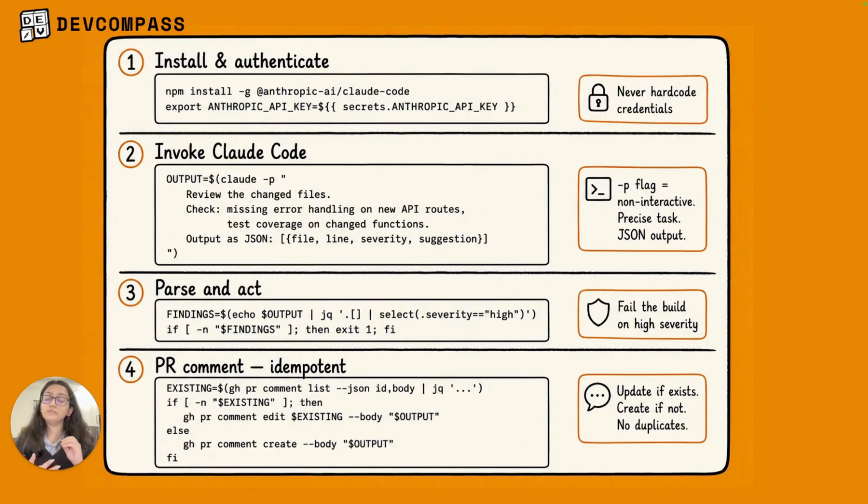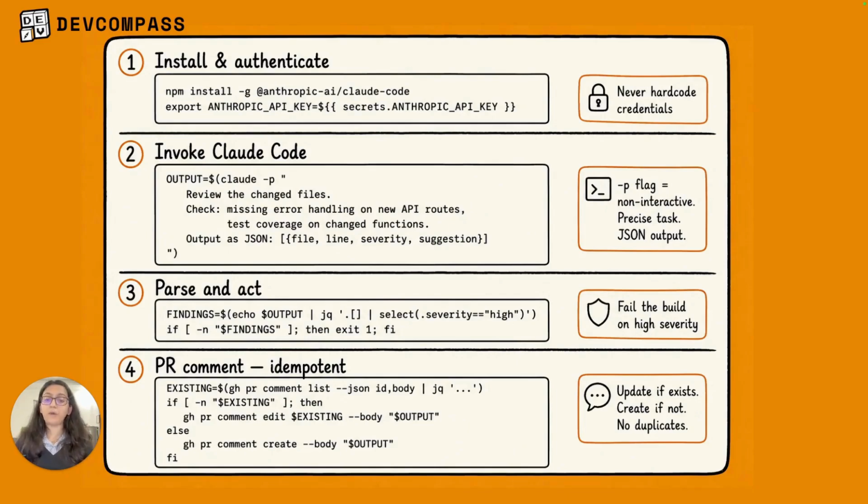Second, the Claude Code invocation. The -p flag for non-interactive mode, the print mode, then the task prompt, precise, specific, asking for JSON output. The prompt needs to tell Claude exactly what to look for and exactly what format to output. This is the section 2 code line that matters most for the exam: -p flag, precise task, JSON output instruction.